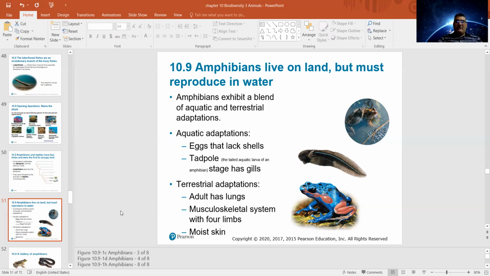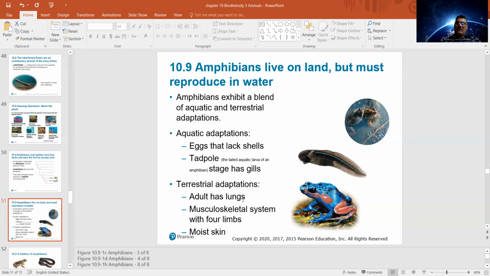So this is what they have, but they also have other adaptations that help them live on Earth or on land, to make them terrestrial as well. The adult ones have lungs, so there are phases here: egg, larva, and adult. Egg and larva have the water adaptation, or aquatic adaptation. The eggs don't have shells.